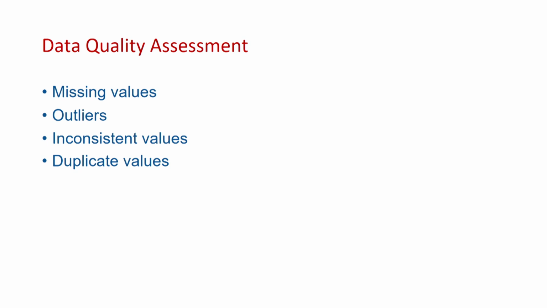The data set that we will have and are trying to learn from, the first step is to check the quality of this data set. That is called data quality assessment, and we have seen there are challenges with these data sets, like there may be missing values, there may be noise in the data set, there may be outliers.